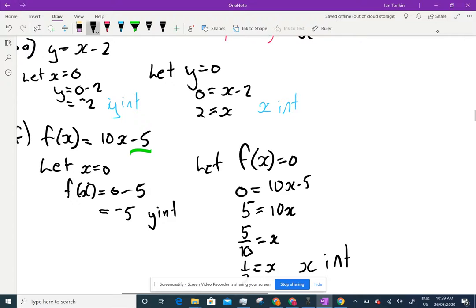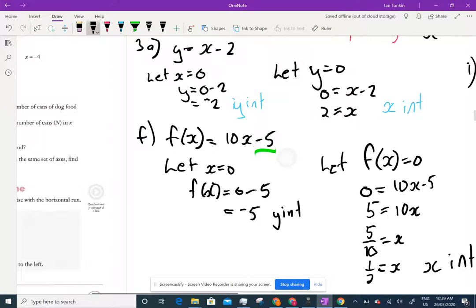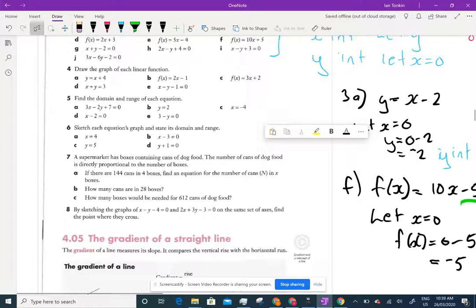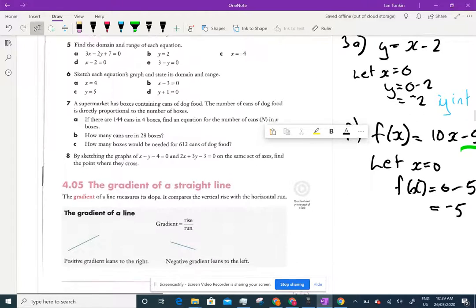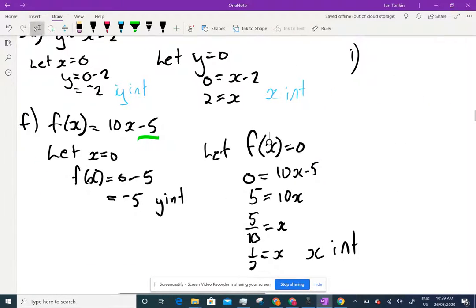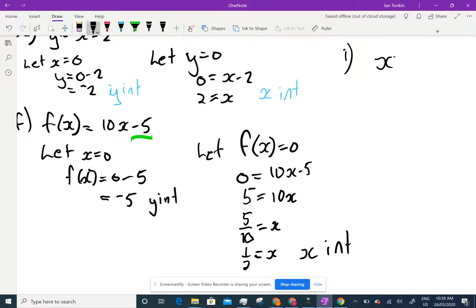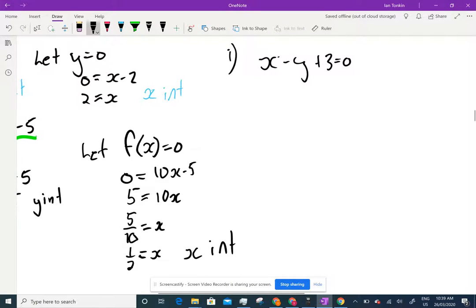And if I do I, which is, I think it's x minus y plus 3 equals 0. Well, I'll let x equals 0. Be careful here. I get 0 minus y plus 3 equals 0. I'll take the y over, and I get 3 equals y.